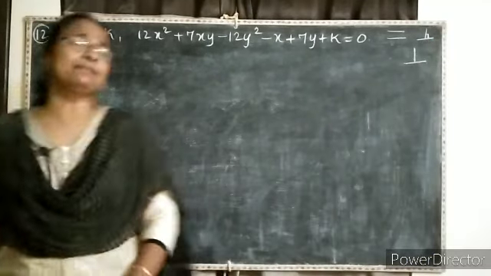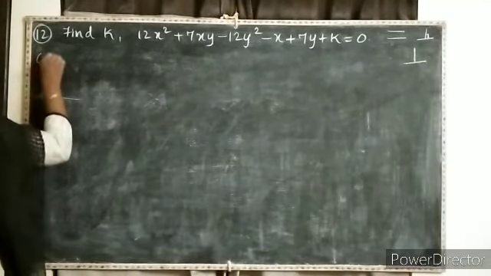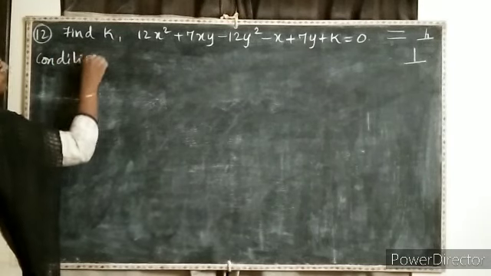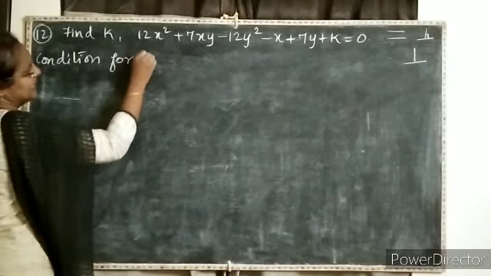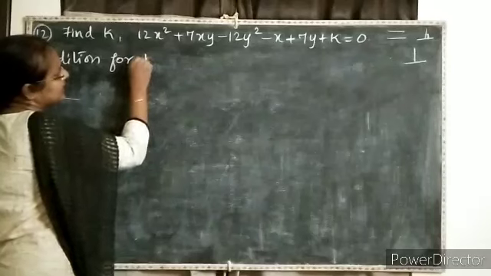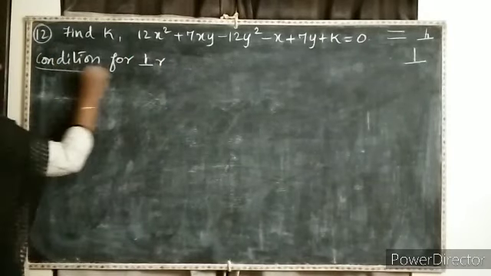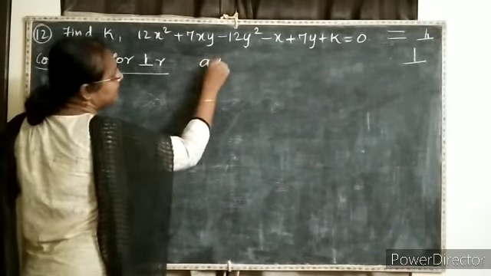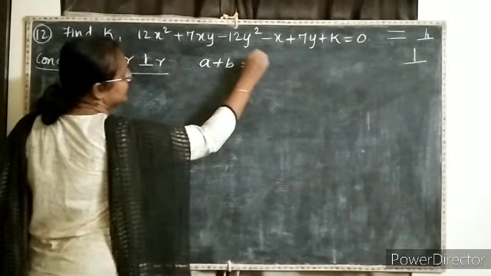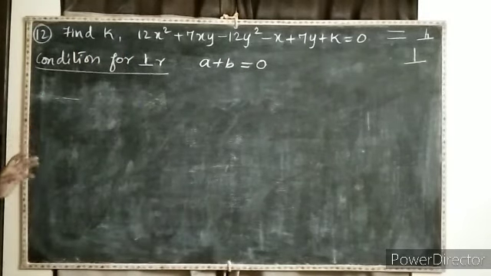Since we know a very simple condition for perpendicular or intersecting lines, what is the condition? We know that A plus B is equal to 0. If when we add A and B values it is equal to 0, we can say that the given lines are perpendicular or intersecting lines.